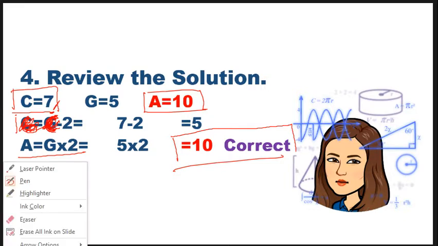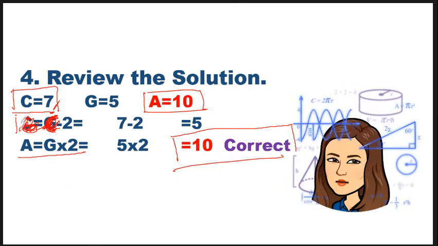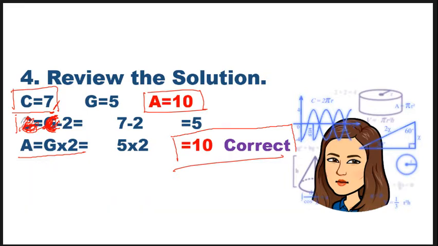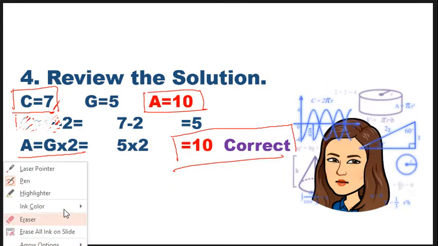I think I am going to just change the values over here so that you can see it better. Let's erase the value here, and then cover it with another one.